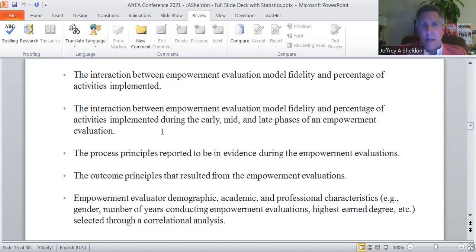If you want to see the particulars, the actual data, just let me know and I will send you the data.